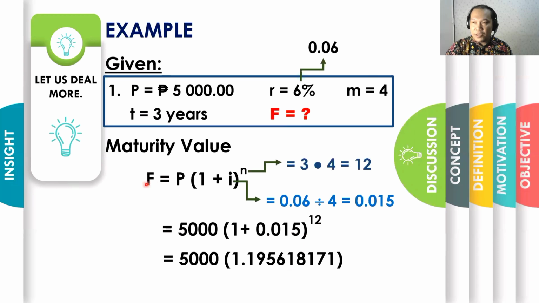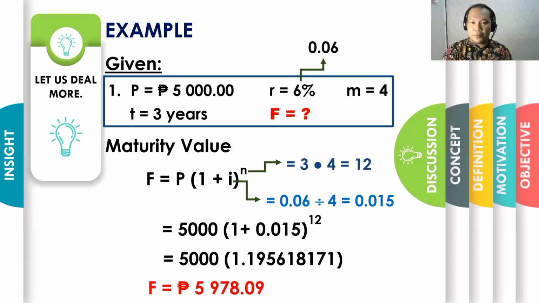Then to find the maturity value, multiply by 5,000. Therefore, our answer will be 5,978 pesos and 9 centavos. Meaning to say, at the end of 3 years, if you deposit 5,000 with 6% nominal rate, compounded quarterly, you are going to receive 5,978 pesos and 9 centavos.